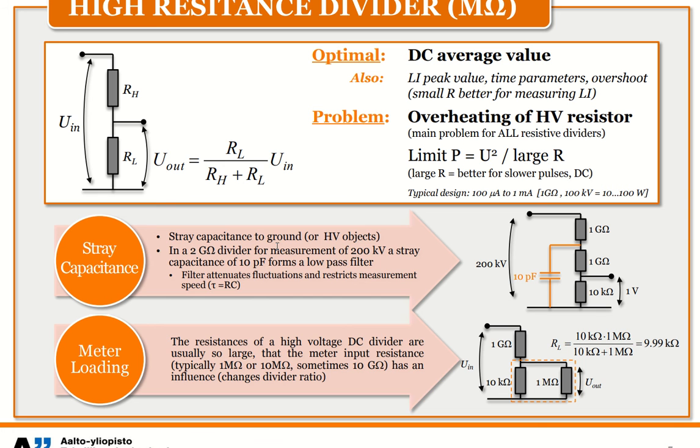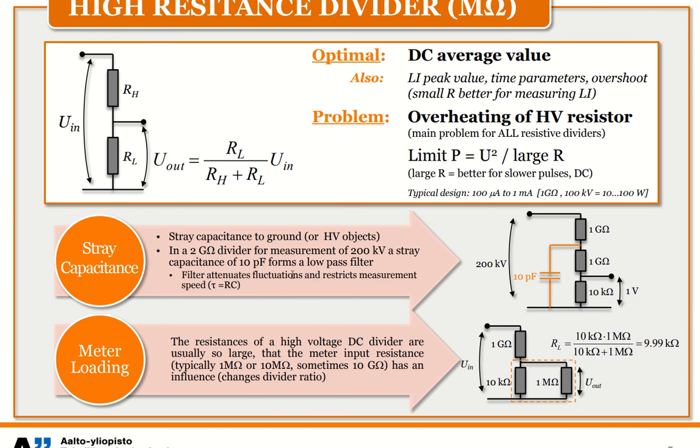This is the stray capacitance to the ground in a high voltage 2 giga ohm divider for measuring 200 kV. A stray capacitor of 10 picofarad forms a low pass filter, and the filter attenuates fluctuation and restricts measurement speed.